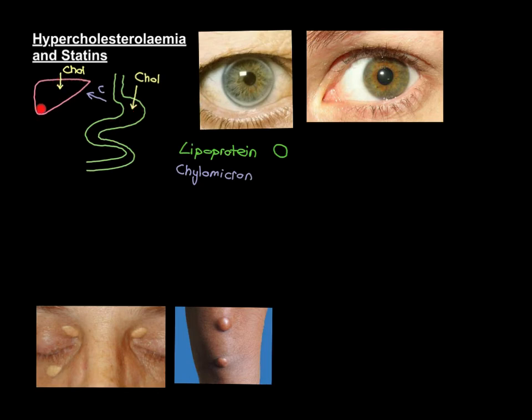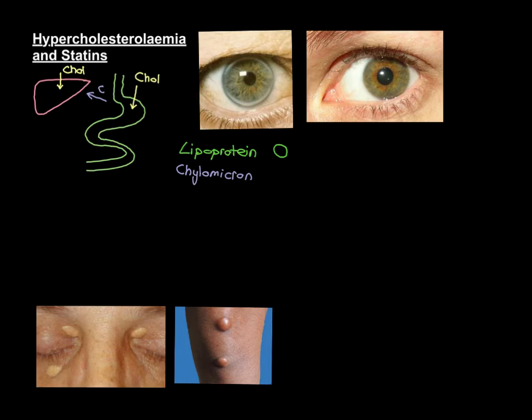So dietary cholesterol, this is how it's going to get to the liver. The central hub for cholesterol metabolism is the liver, so it needs to get there first, and the means by which it gets there is it goes into these lipoprotein structures. Specifically, the one that takes it from the gastrointestinal tract to the liver is called a chylomicron. Now, chylomicrons are created by the cells of the gastrointestinal epithelium, the enterocytes.